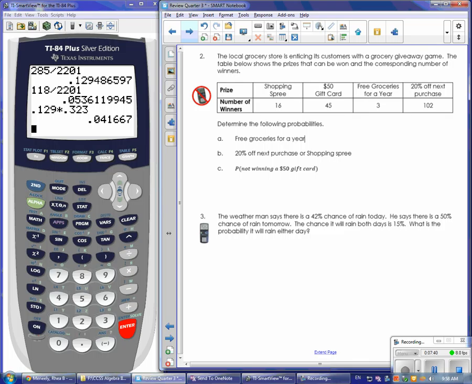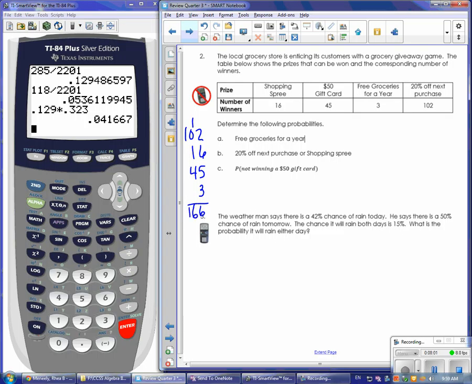So if I add them all up, because I am going to need a total here, let's go ahead and do this. I'm going to do my biggest number first, my 102, then 16, 45, and 3. If I add them all up, 2 plus 6 is 8, 8 plus 5 is 13. If I add another 3, that gives me 16. I'm going to carry the 1, that gives me a 6.